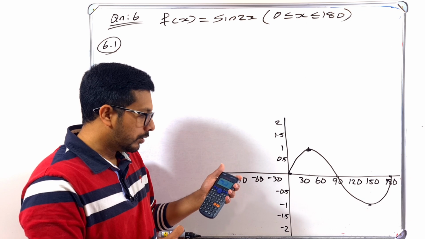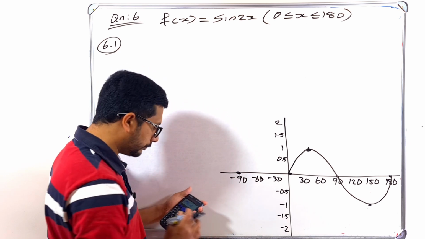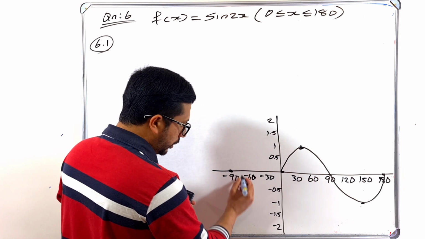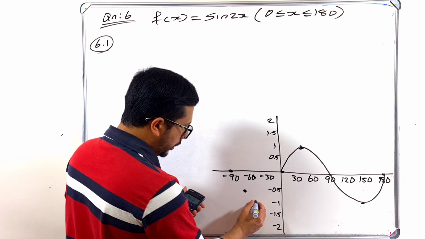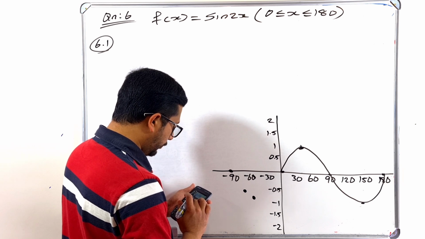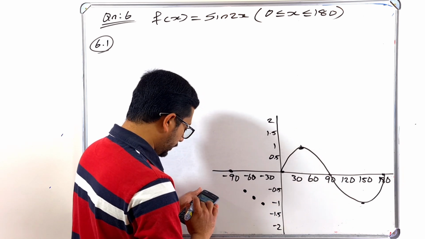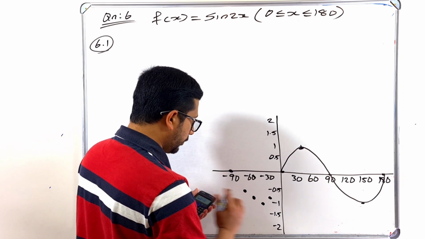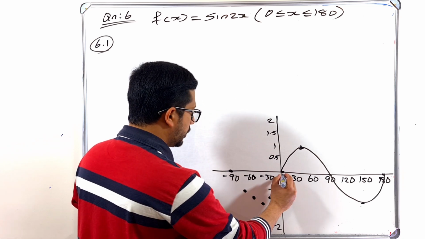So here are the values: minus 90 is 0, minus 75 is minus 0.5, minus 60 is minus 0.86, minus 45 is minus 1, minus 30 is minus 0.86, then minus 15 is minus 0.5, then 0 is 0.